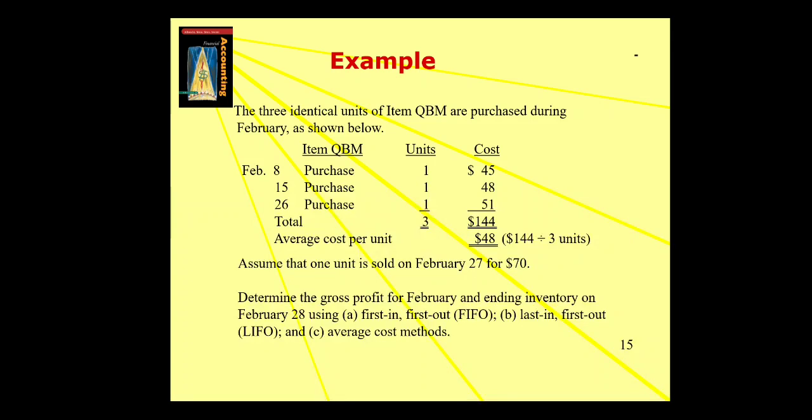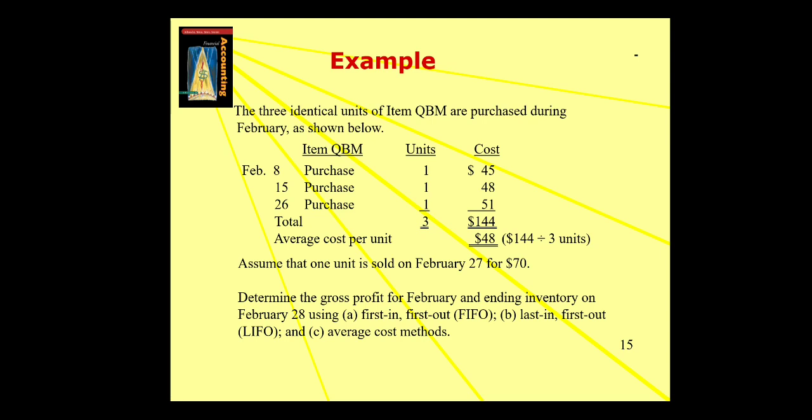Okay, this is an example. Sample question: 3 identical units of item QBM are purchased during February as shown below. During February, this business made 3 purchases. The first purchase is 1 unit at $45 cost. Second purchase on the 15th of February is 1 unit at $48 cost.